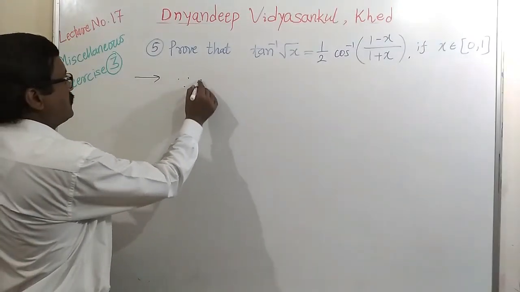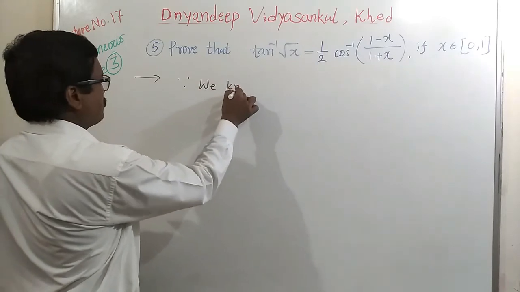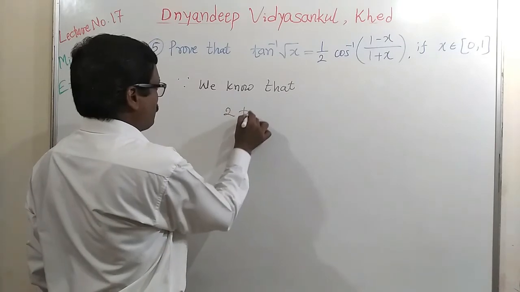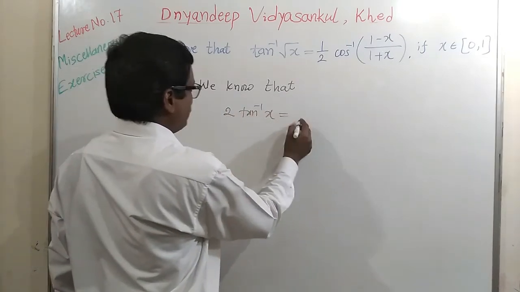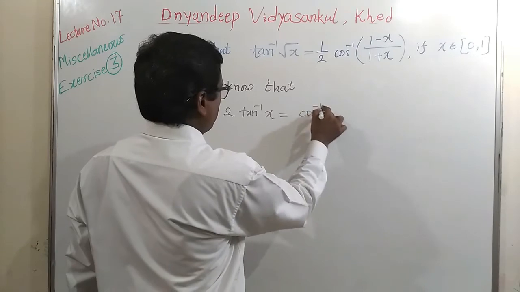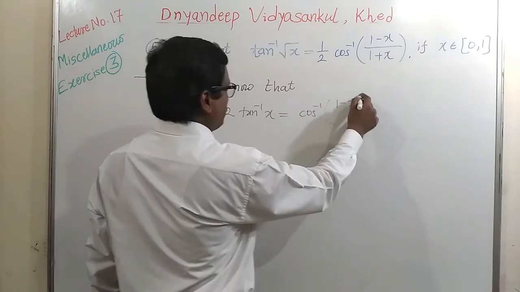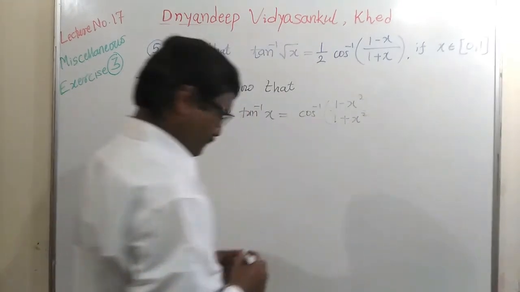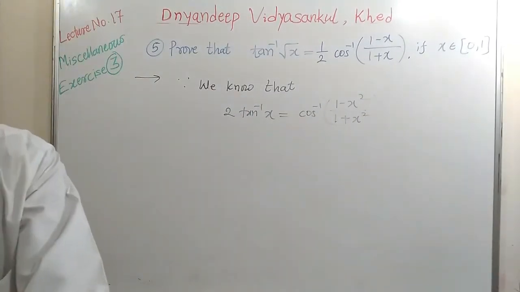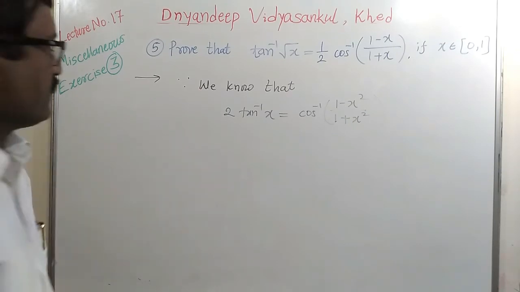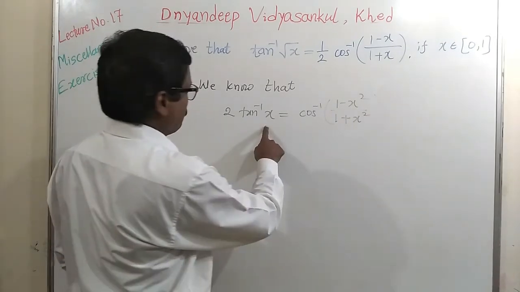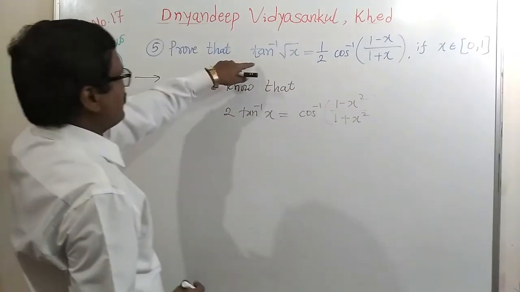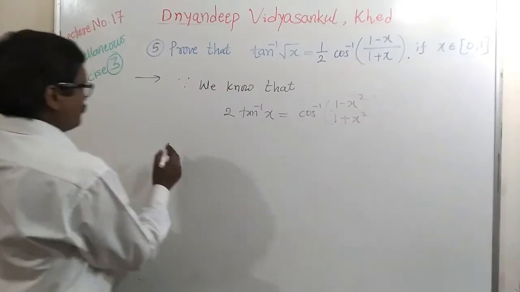Let us see. Since we know that 2 tan inverse of x is equal to cos inverse of 1 minus x square upon 1 plus x square, using this result we can write this one. Let us take this 2 to the left.